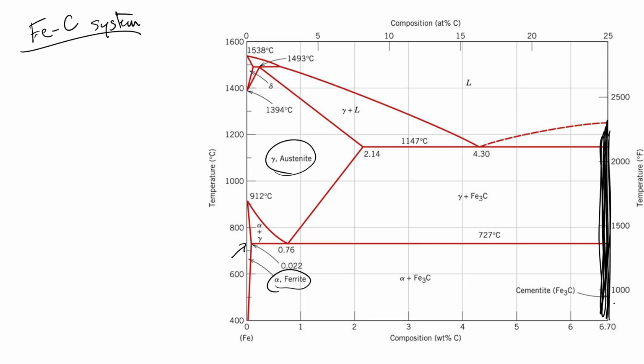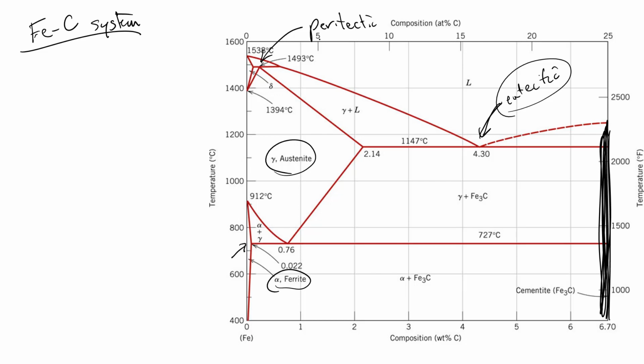Now, let's take a look and talk about some terminology. Remember, we already talked about different invariant reactions. We said this is a eutectic point up here at 4.3 weight percent carbon. That's where we said the region of cast irons because it's easier to melt up there. There's a peritectic point up here.